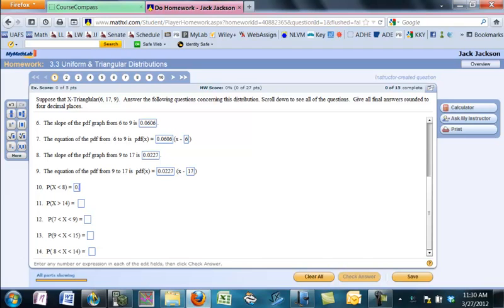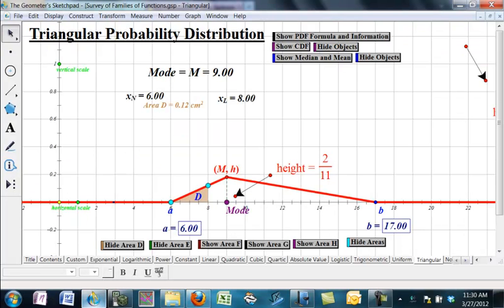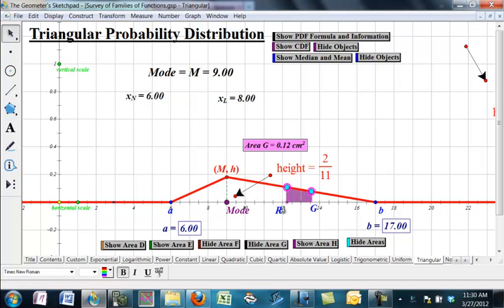Okay, now we want x greater than 14. What's the probability there? Let's look back at our picture. Now we're looking at an area over here. Again, I'm going to turn these labels off.